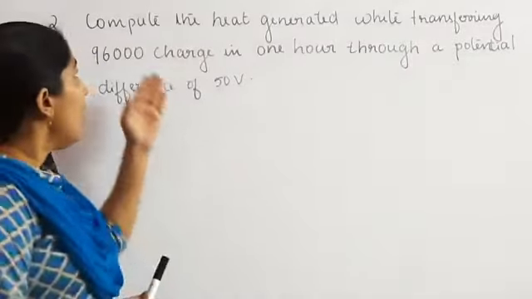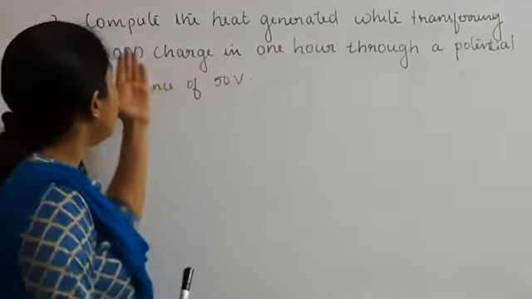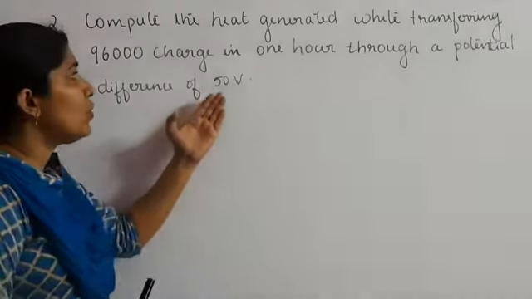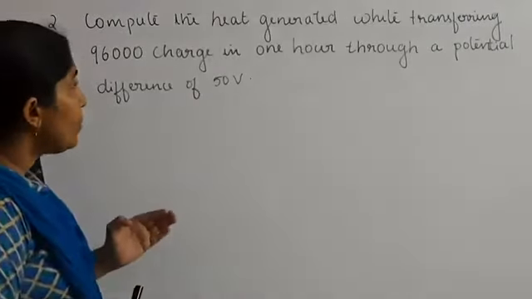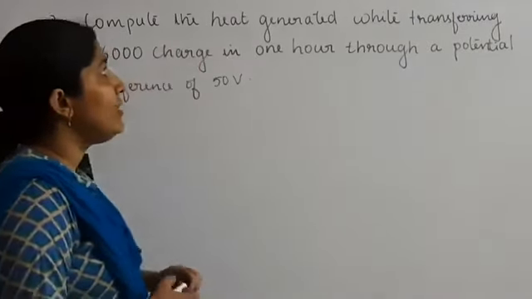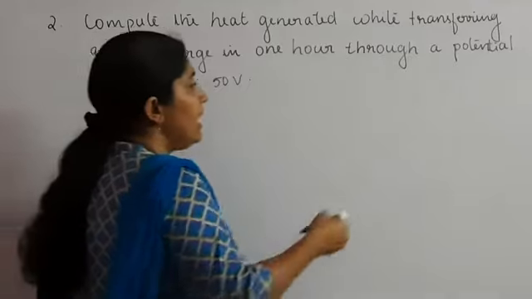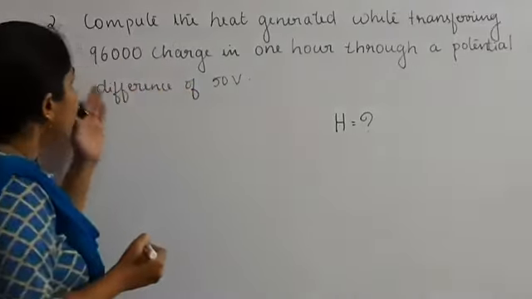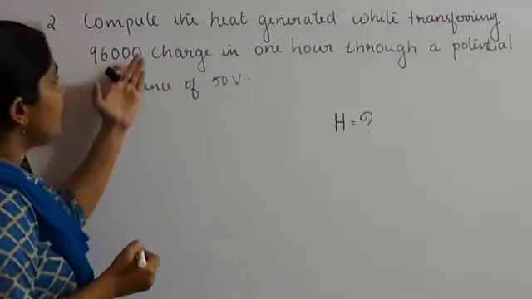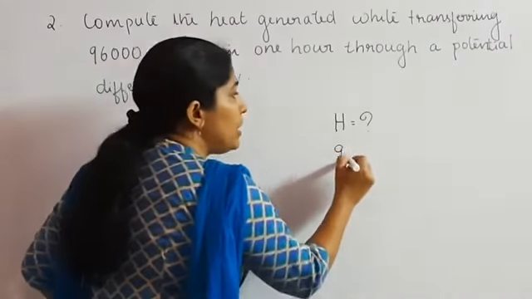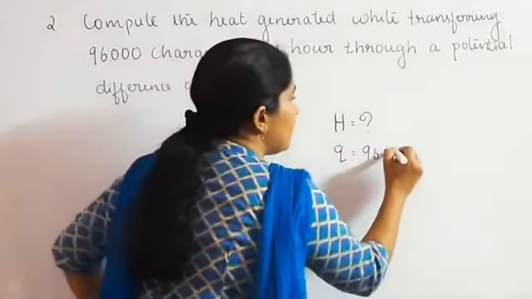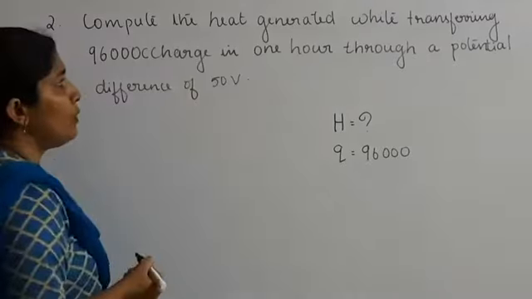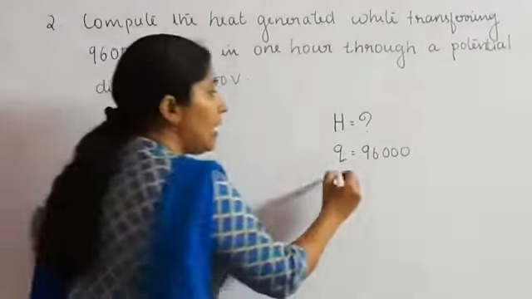Our second question: compute the heat generated while transferring 96,000 charge in 1 hour through a potential difference of 50 volt. We want to find the heat energy generated. Here charge Q is equal to 96,000 coulomb.